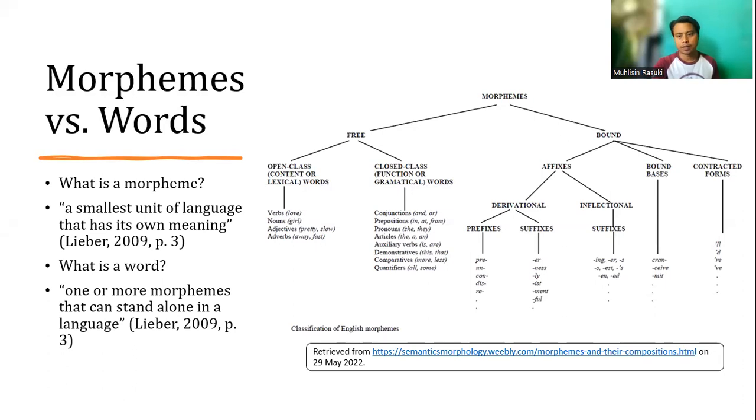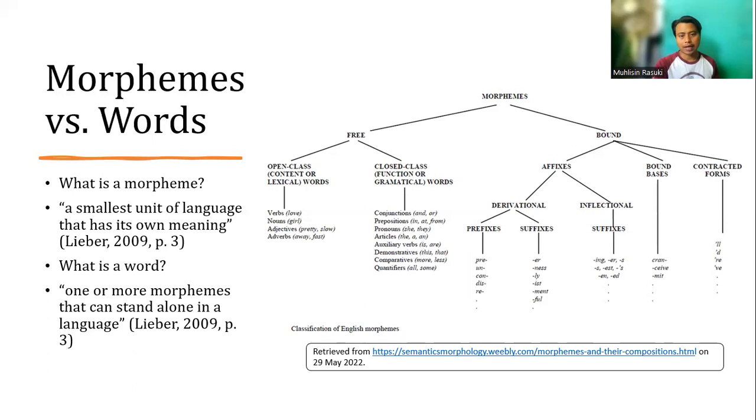These two may be distinguished in terms of the number of words that belong to each part of speech. You know that verbs encompass a large number of words. The same case with nouns, adjectives, and adverbs. So there are a lot of words that belong to verbs, nouns, adjectives, and adverbs in English or in any other language.